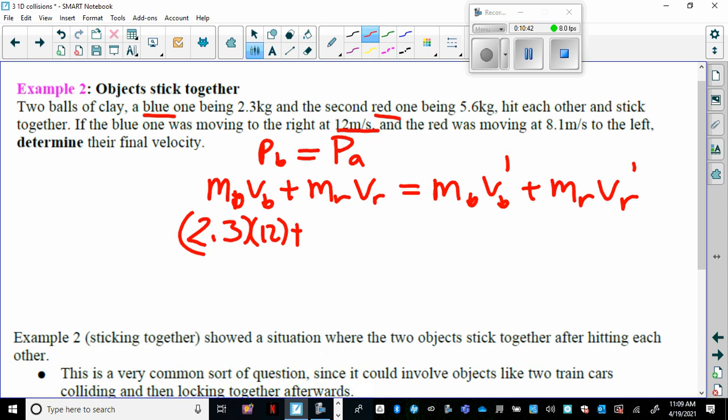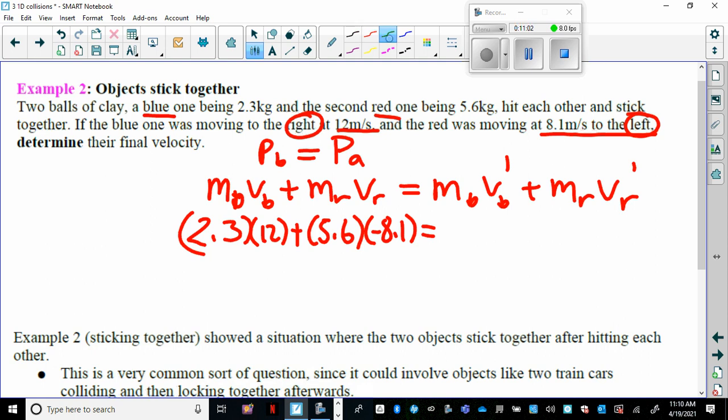The mass of the red, 5.6, and its velocity is 8.1, but it's to the left. So you got to be really careful here. You must put in a negative. If you don't put in a negative to indicate that they're going in opposite directions, one right, one to the left, then you're going to get the wrong answer.